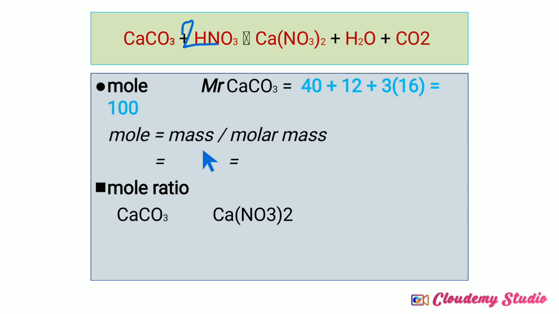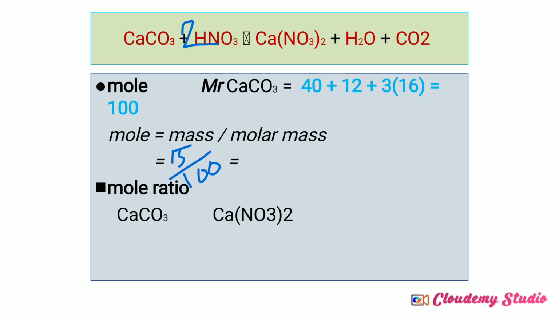Now we can substitute in this formula. The mass of calcium carbonate given in the question is 15 grams of marble. Marble is nothing but calcium carbonate. So 15 grams, the mass given in the question, we write as 15. 15 is divided by 100.